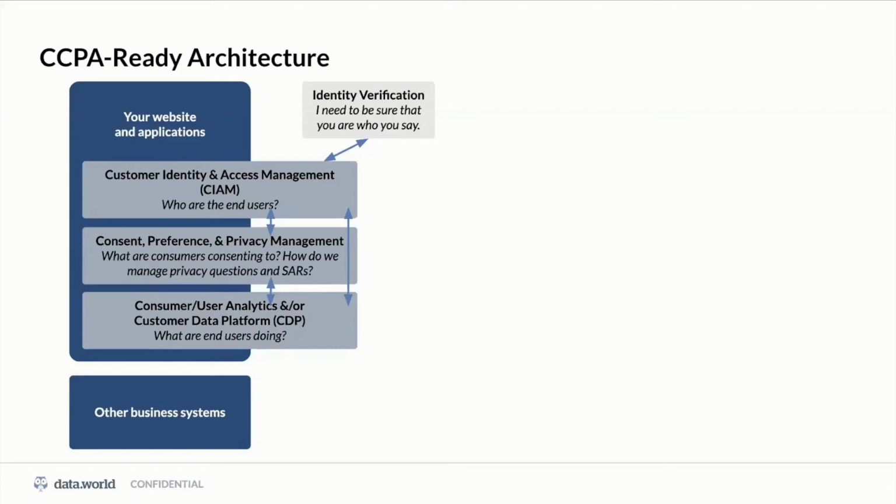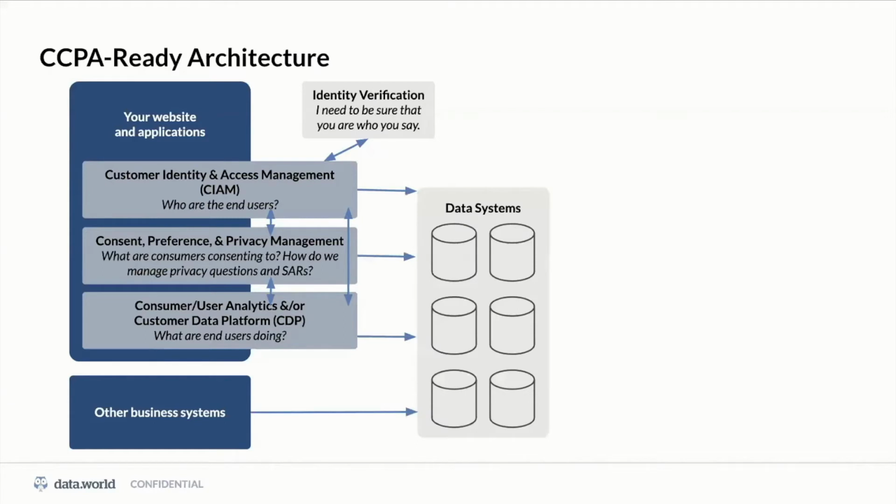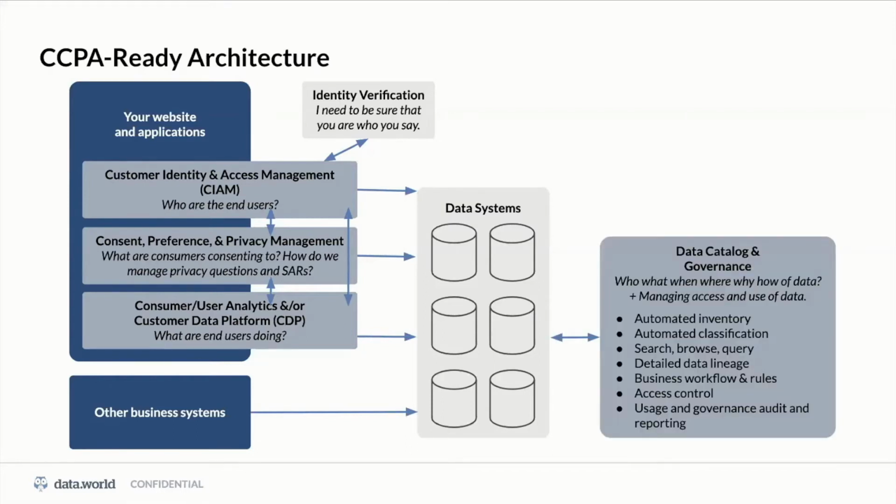And these are all things more on the front end. All of this information is getting stored in your various data systems, and that's where a data cataloging and governance solution can come into play. Now that you're answering some of these questions on the front end and empowering the end user to have control and visibility, you do need to understand what all the data being collected is, where it is being placed, how you can interact with that data in a safe way, and have lineage to understand how it flows through your different data systems and how it's being utilized.